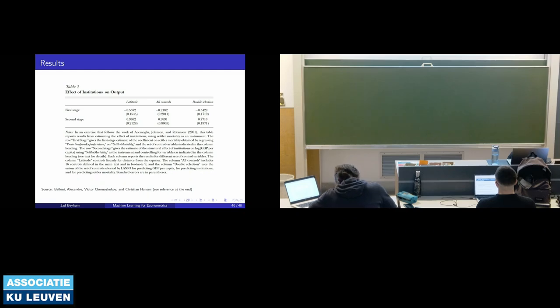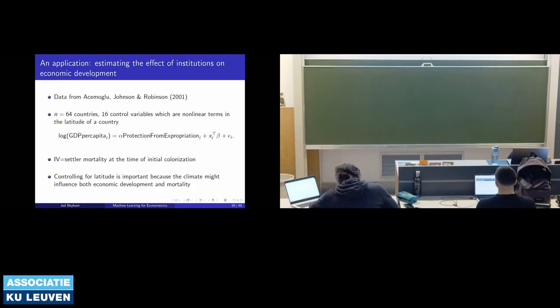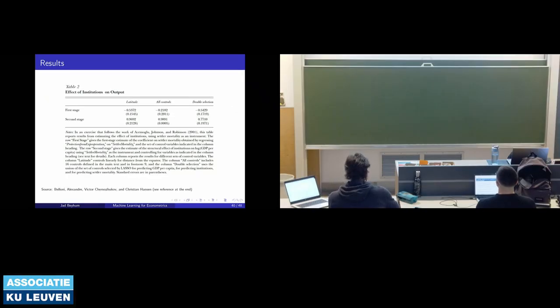So in the first column here, you see what happens if you just run standard 2SLS in this regression, where in Xi you just have latitude. You don't have any nonlinear term in latitude, you just have latitude. So what do you find? You have the first stage and the second stage of 2SLS, but essentially you find a coefficient of 0.96 and a standard error of 0.21.